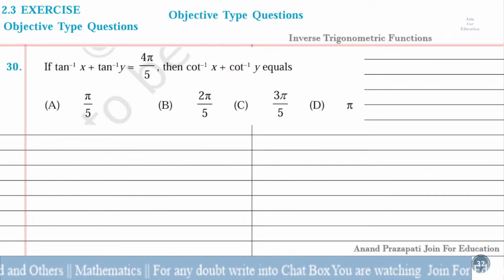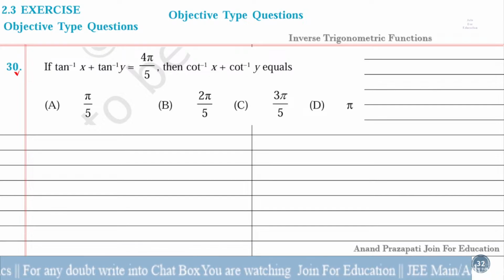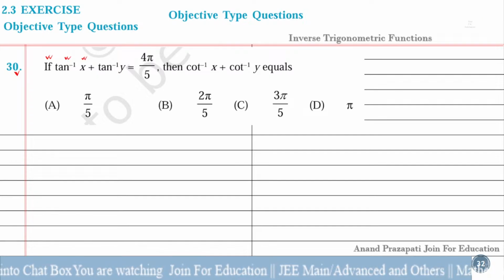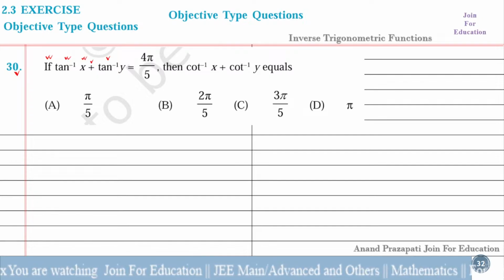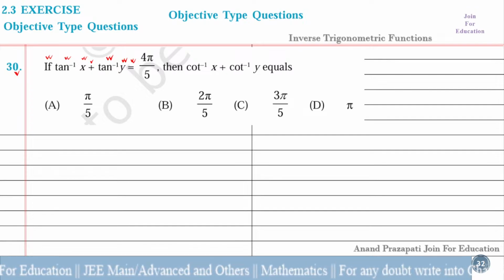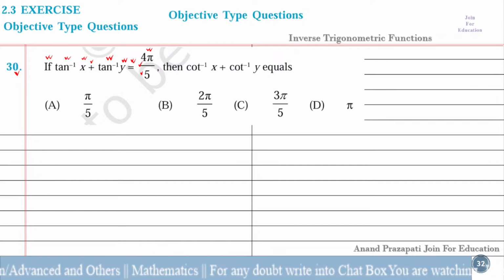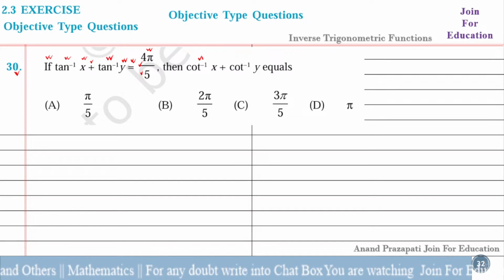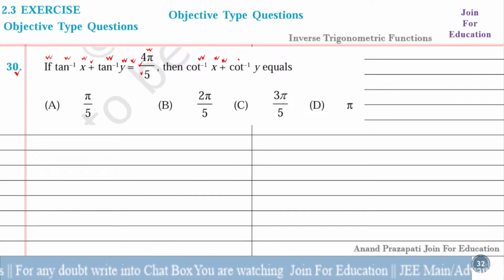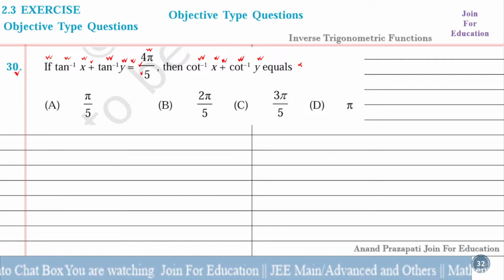Let's see question number 30. This is a very easy question. The question asks: if tan inverse x plus tan inverse y equals 4 pi by 5, then cot inverse x plus cot inverse y equals what?